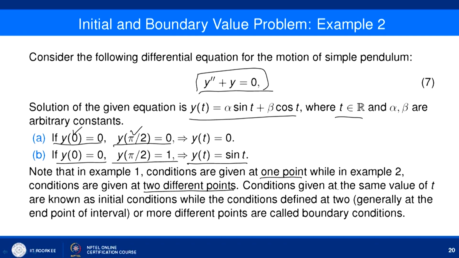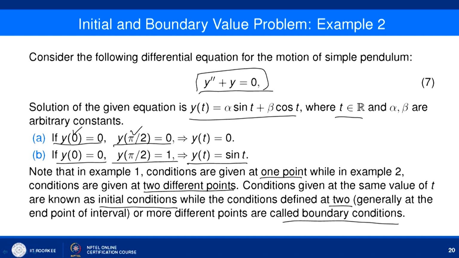So conditions given at the same value of t are known as initial conditions. It means that if all the conditions are defined only at 1 point, we call them initial conditions, and the corresponding problem is known as an initial value problem, while the conditions defined at 2 or more than 2 points, we call boundary conditions.